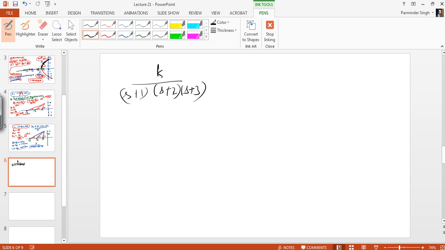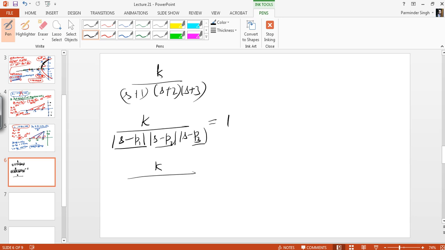Yes or no? So for the value of k, the mod of s minus p1 into mod of s minus p2 into mod of s minus p3, we put the distances which we have measured into this equation, equal to 1. So k upon 1.5 into 1.82 into 2.52 equals 1.